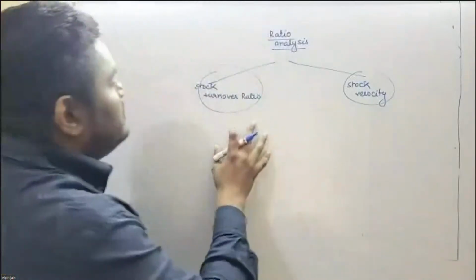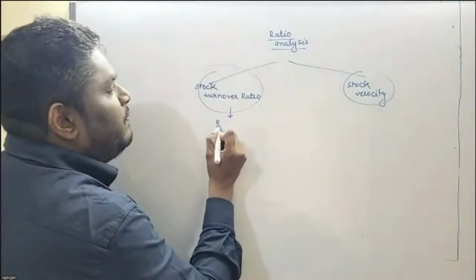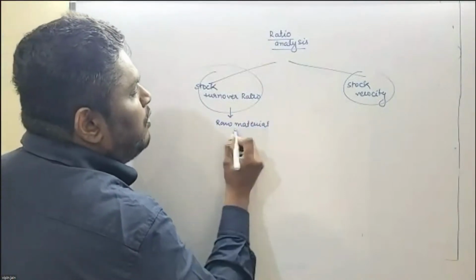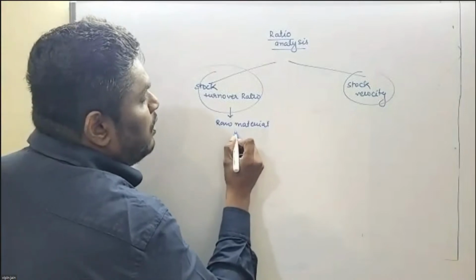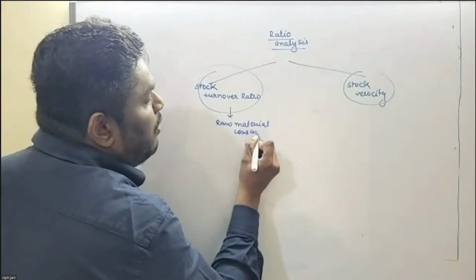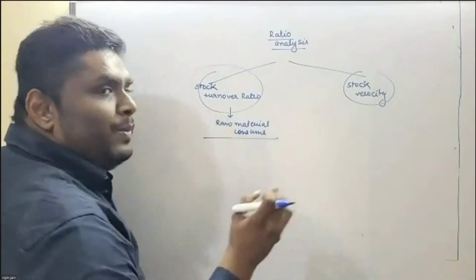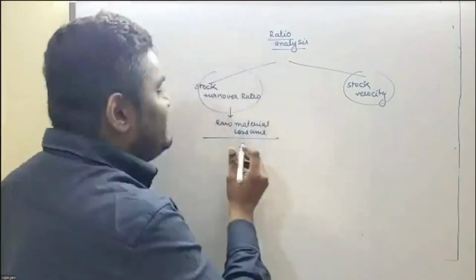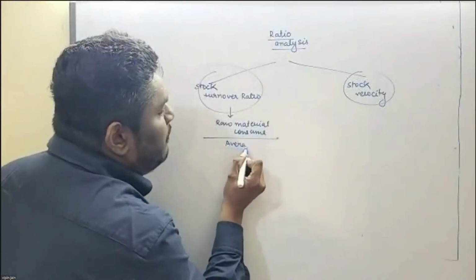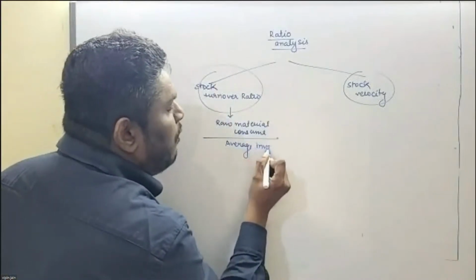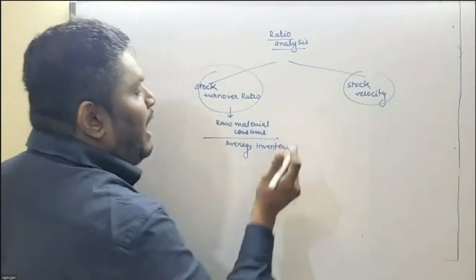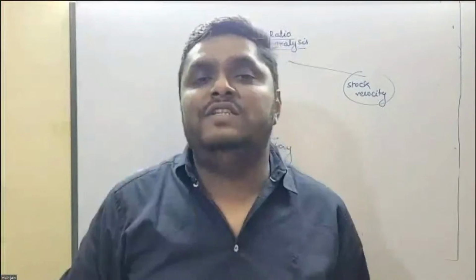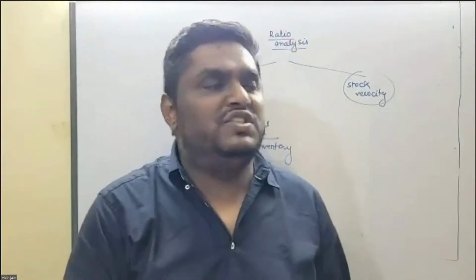So when talking about the stock turnover ratio, very simple. Raw material consumed, how many times the raw material is consumed as compared to our average inventory. How many times the raw material is consumed of average inventory, that is what stock turnover ratio shows.